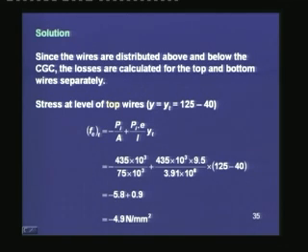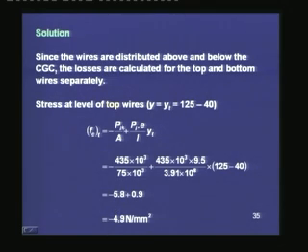Our next task in hand is to calculate the stresses in the concrete at the two levels of the steel. We are calculating the stresses based on the stress profile that we have seen before. For the top wires, the distance is given by half the depth of the section minus the effective cover, and once we substitute that in the expression of the stress, we get the stress at the level of the top steel.